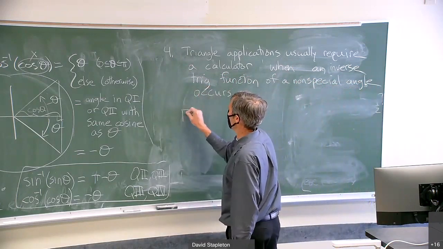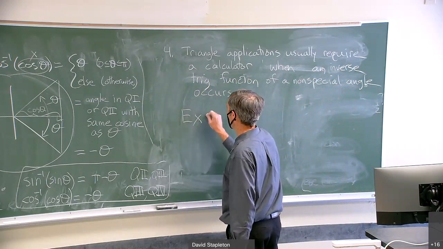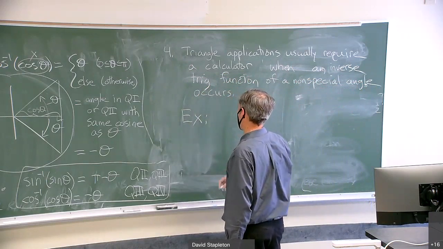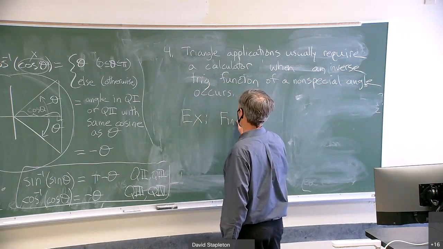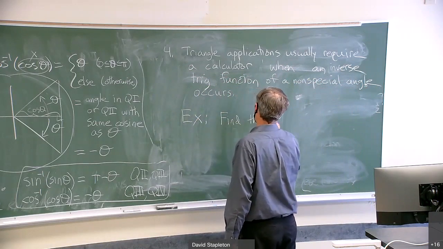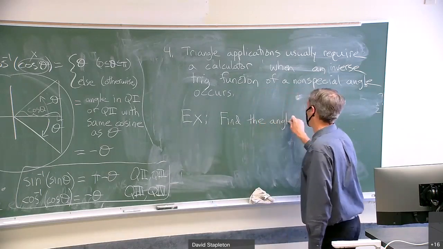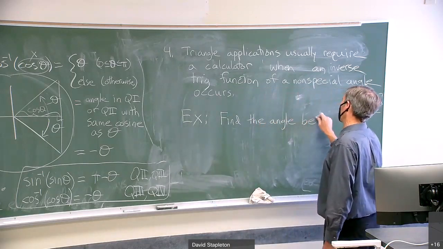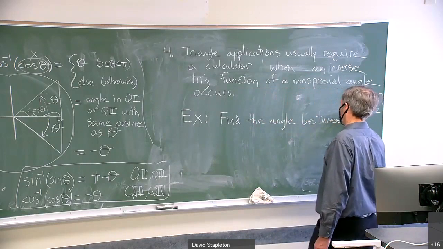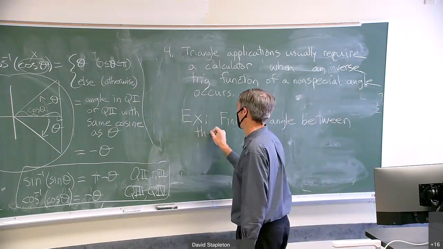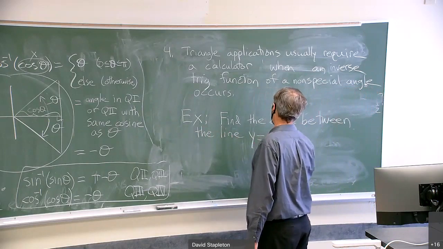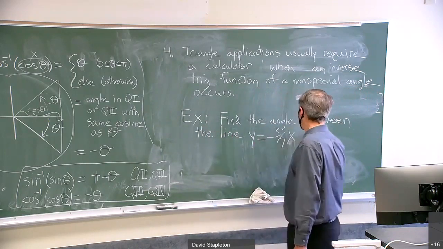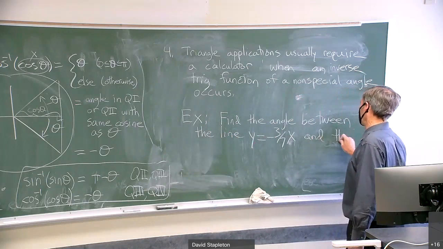Here's an example out of the homework. Suppose I said, I want to find the angle between the line from algebra y equals minus 3/7 x and the negative x-axis.